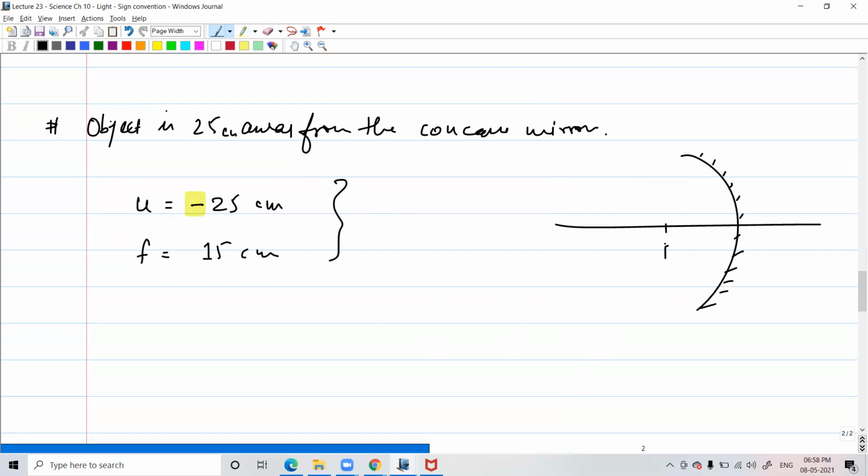Okay, understand that this is focus, this is center of curvature, and the object distance U is minus 25. Which position is the object in over here? Between center of curvature and focus, yes, very good, because the focal length itself is 15. So the center of curvature will be how far away?